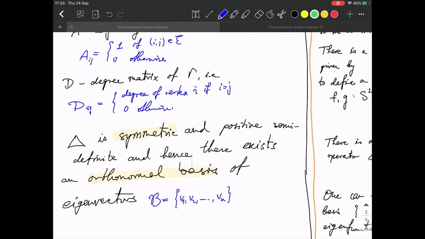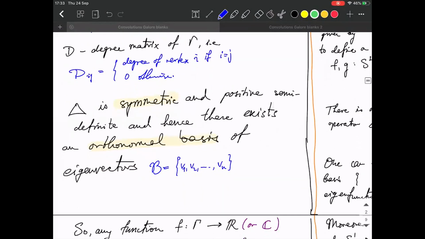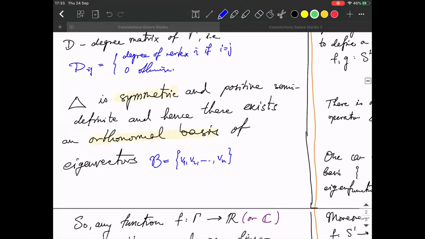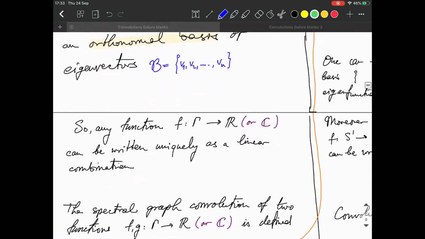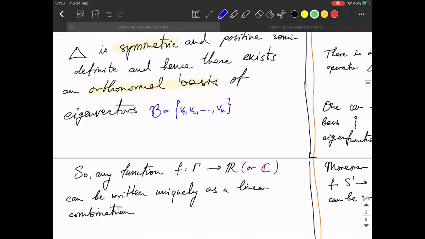Any function on the graph we can now express uniquely as a linear combination of this eigenbasis. Each of these V_i's you can think of either as functions on the graph or as vectors in Rn, or possibly Cn.